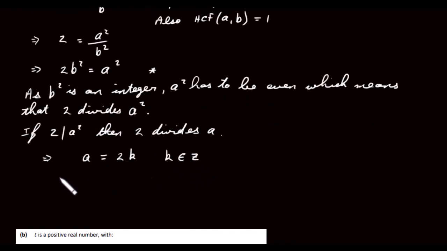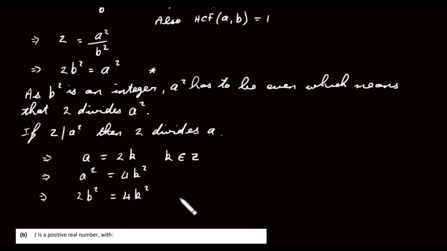So what we can do now is just square both sides here. So we have a squared is equal to 4k squared. Now remember here that a squared is in fact 2b squared up here, so I'm just going to change that. A squared is 2b squared, so that's equal to 4k squared.